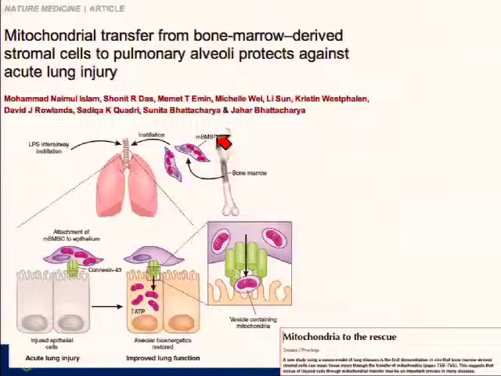They were able to show that mesenchymal stem cells could help in the reparative process of lung tissue. But the way they did it is that these mesenchymal cells attached to the surface of the epithelial cells, and through connexin 43, they actually transported mitochondria into the lung cells. And it was the mitochondria that actually drove the reparative response.